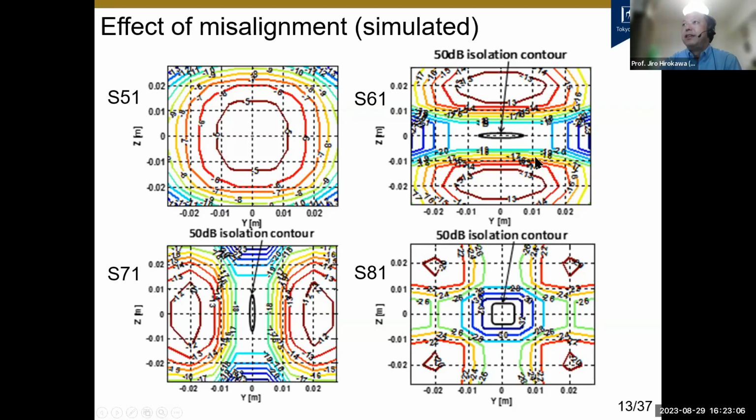So the black line shows the contour for 50 dB isolation. For instance, the S61, mode 2 has the two beams in the vertical direction. So we have severe misalignment in the vertical direction.